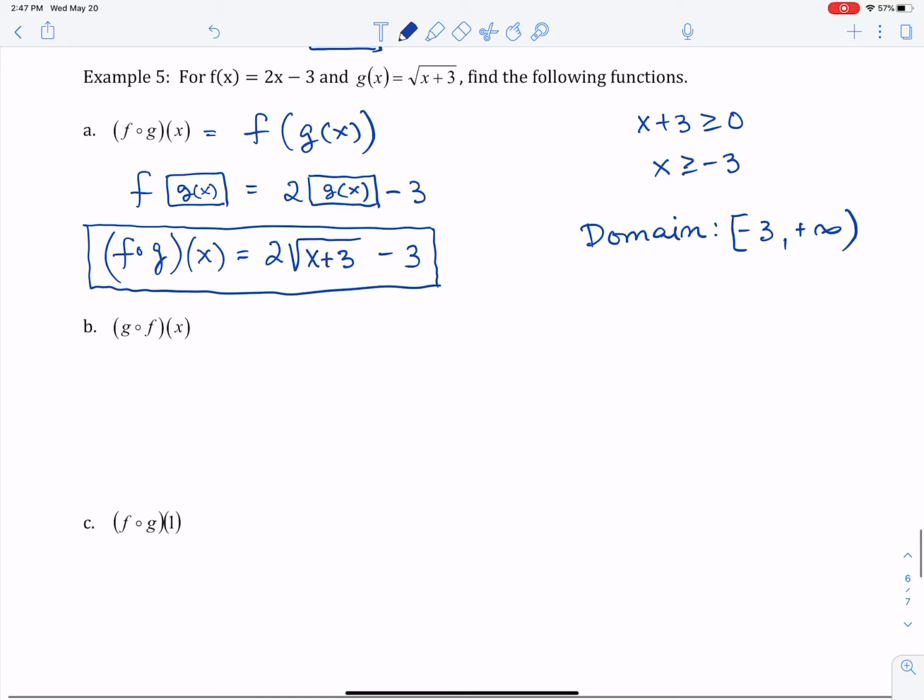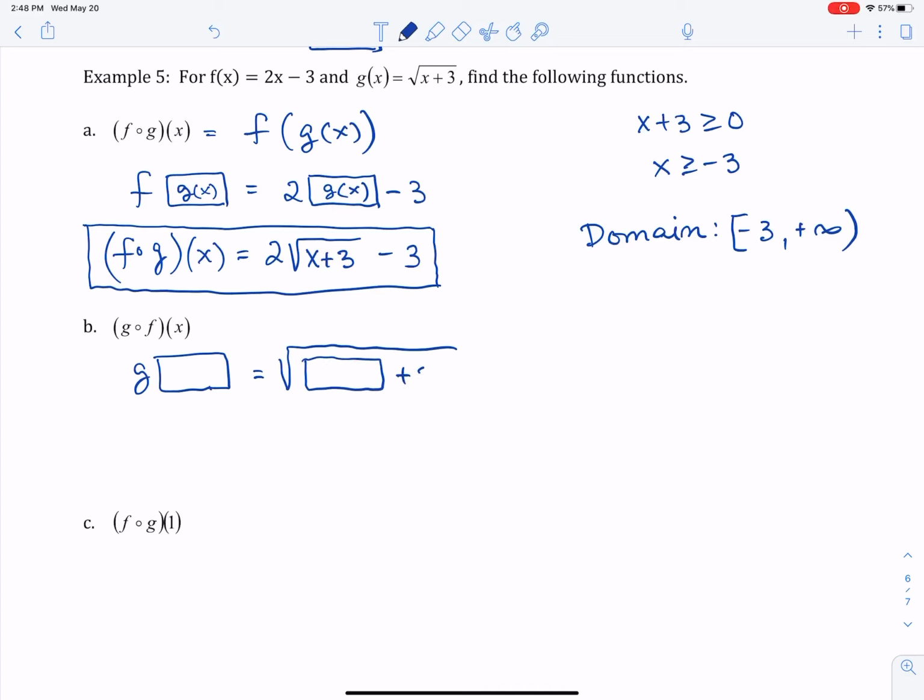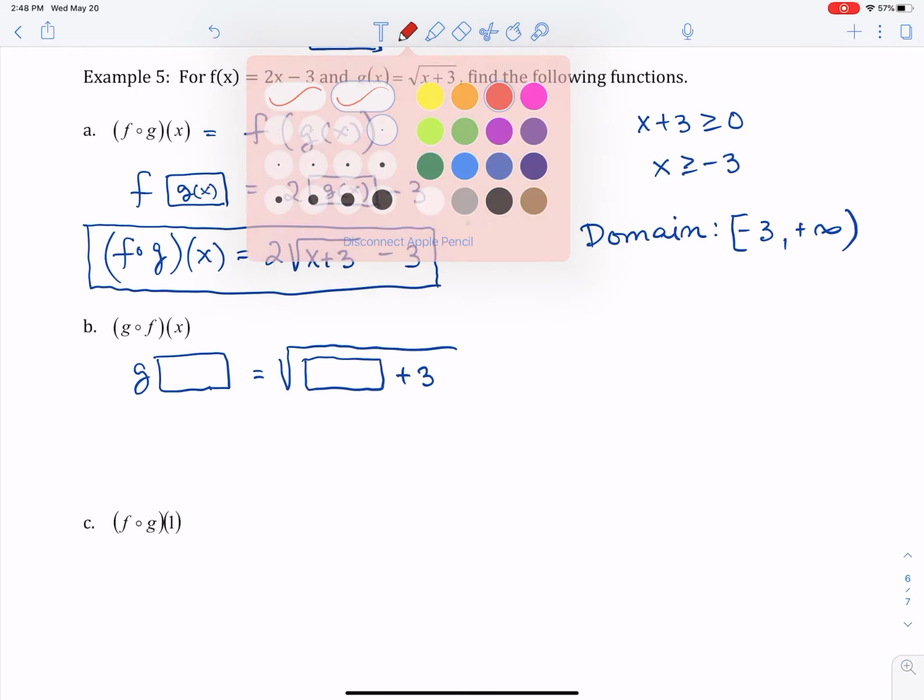g of f of x. g of box looks like square root of box plus 3. And we're going to put in this box f of x.